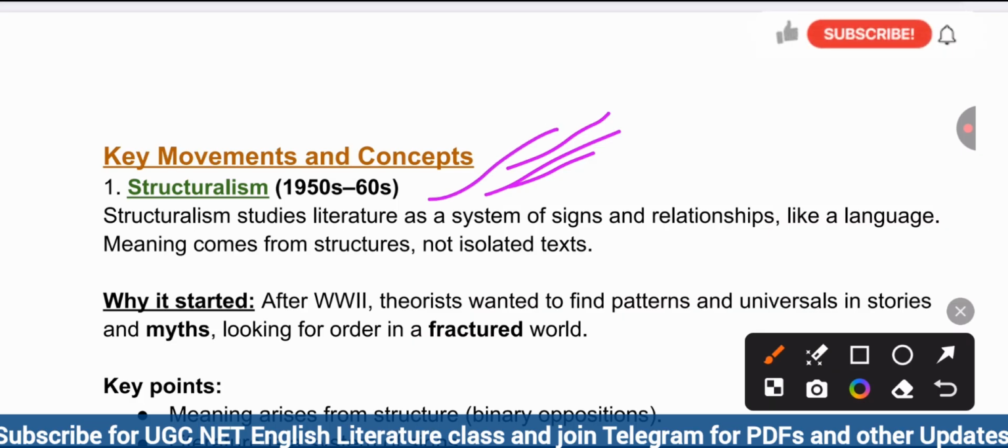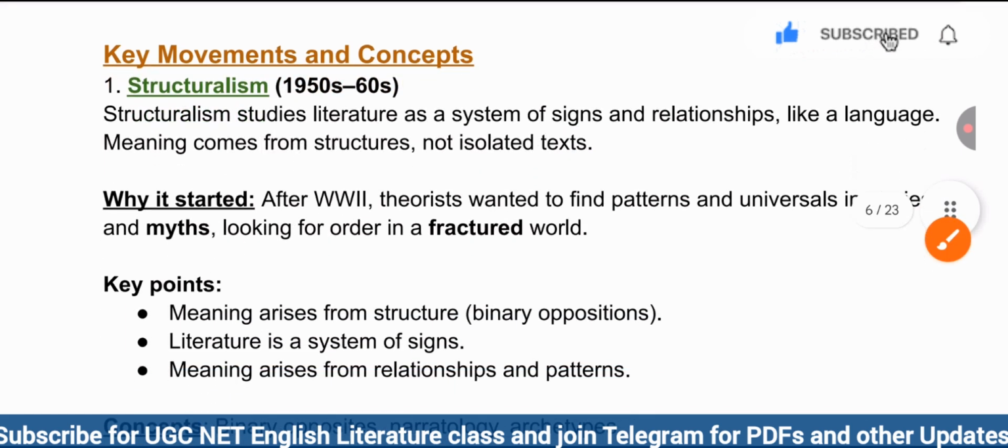Structuralism studies literature as a system of signs and relationships. Remember the signifier and signified. Ferdinand de Saussure was the major writer who gave this concept. So what does it mean? It is like a language: meaning comes from structures, not isolated text.